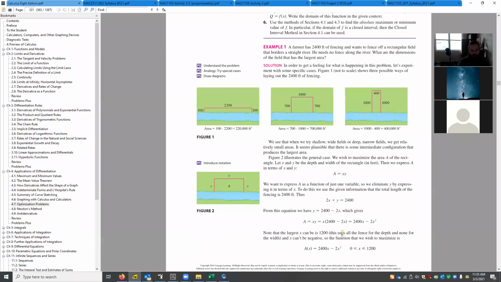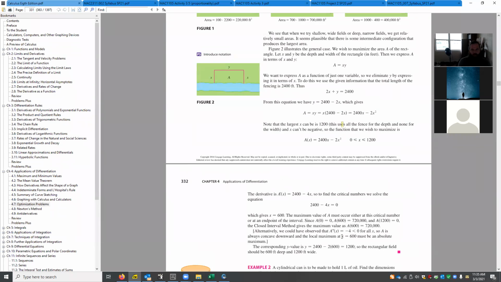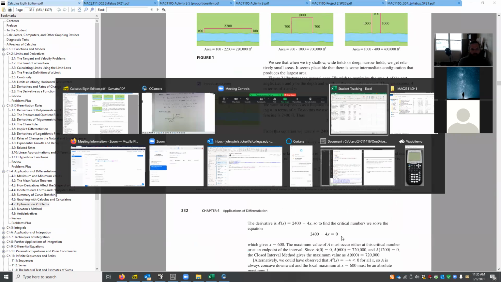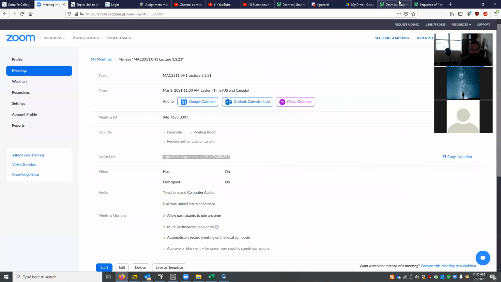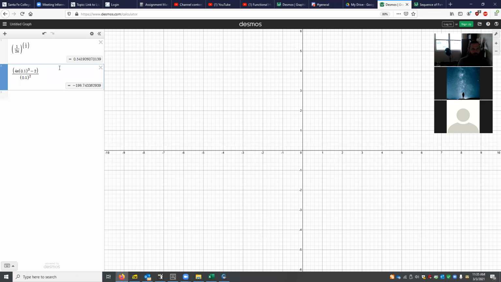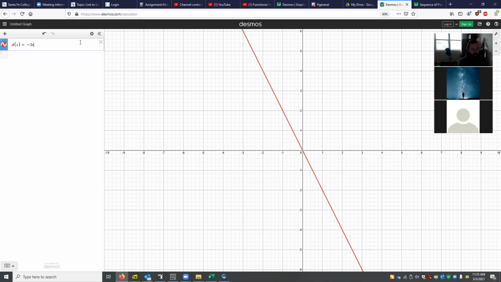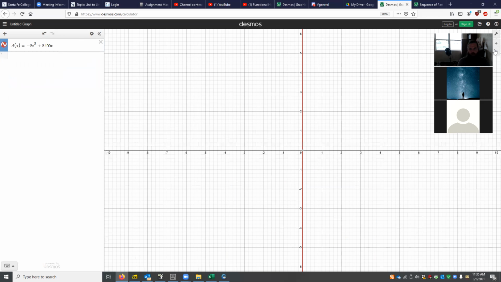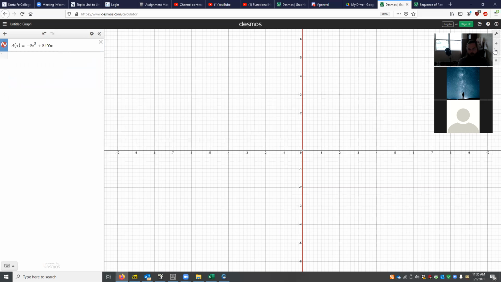And let me see, did they graph A of x here? No, they didn't. But let me do that for you. Our function A of x in this last problem was negative 2x squared plus 2400x. Zoom way out.